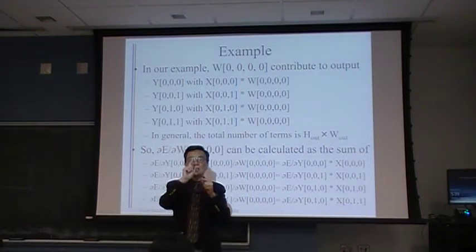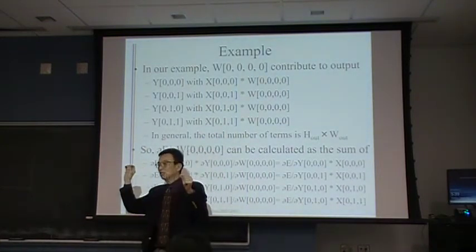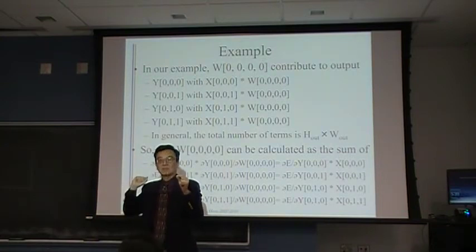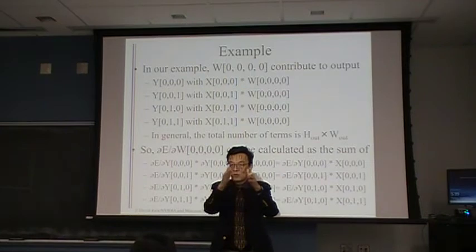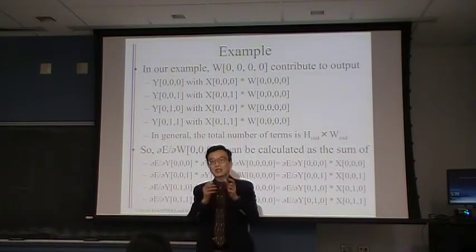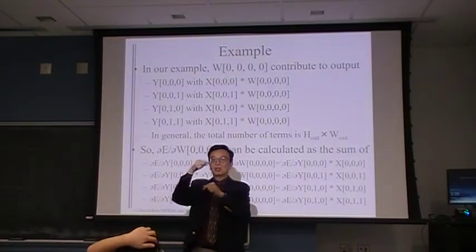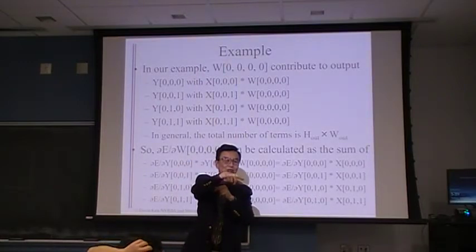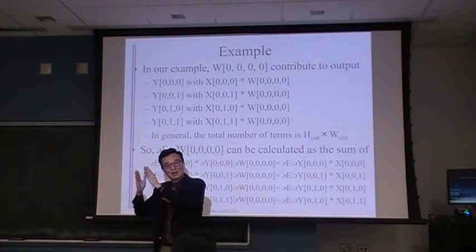If I increase the value of this element, is the error going to increase or decrease? And I'm asking the same question for all the elements, and then I'll figure out which direction we should change the value of the W, so that I can reduce the error, right?